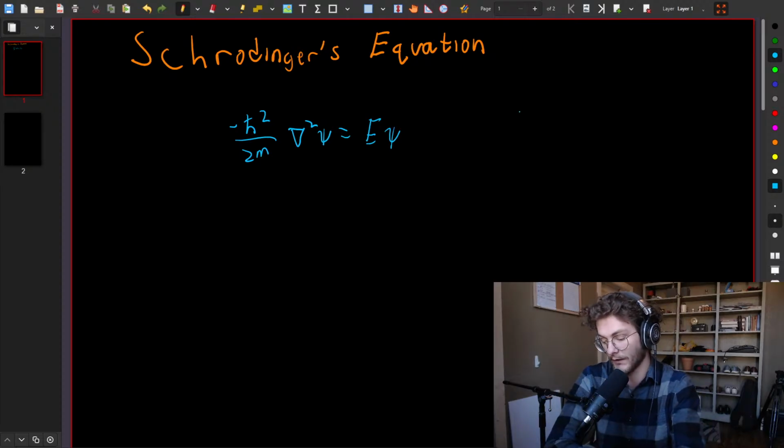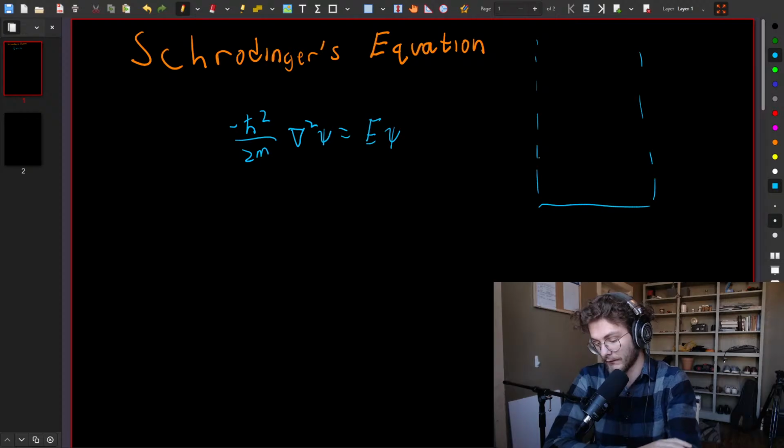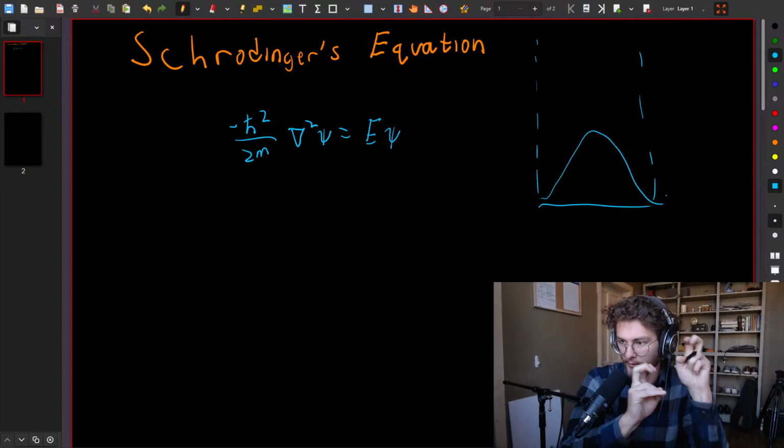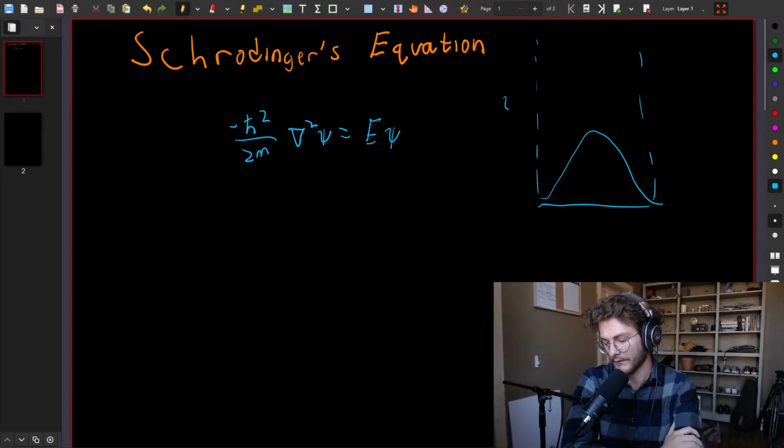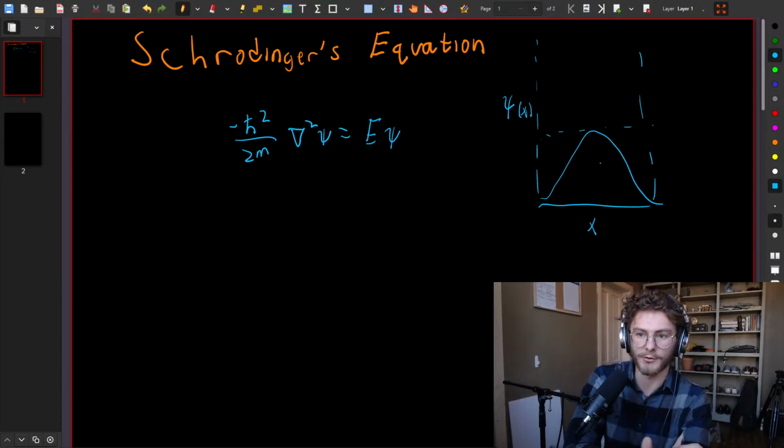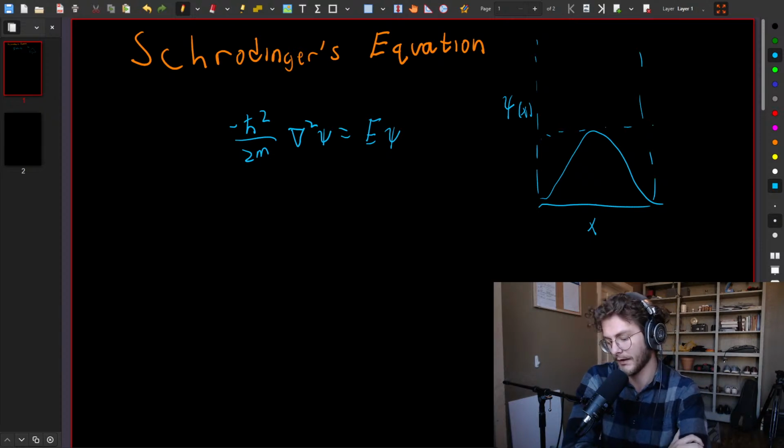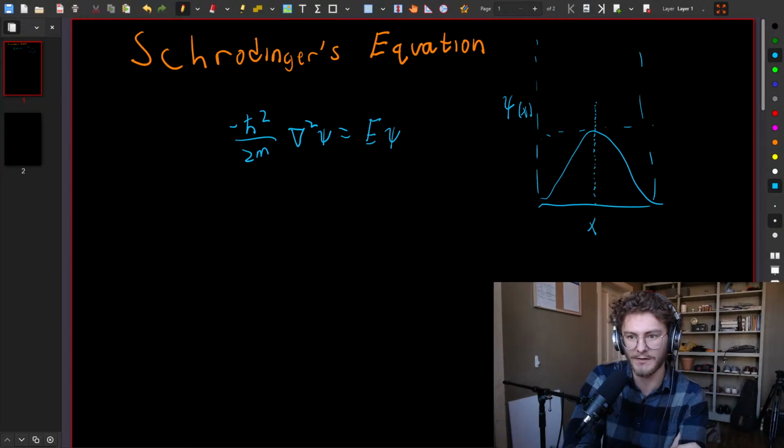In one dimension, if you have an infinite square well like this, it's going to look something like that as the probability, where that's psi of x and this is x. That's the distribution of the probability of where a particle is going to be. And that little dot that I'm drawing right now is the center of that. That's what we call the expectation value, if I'm describing this correctly.